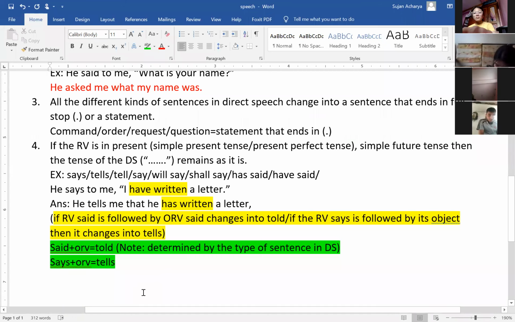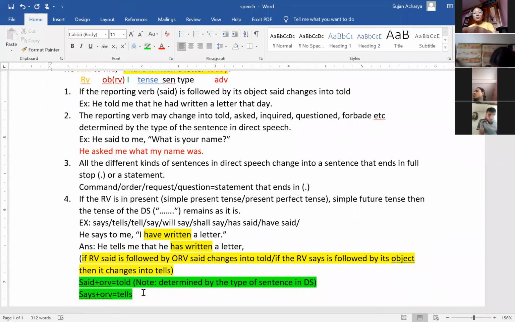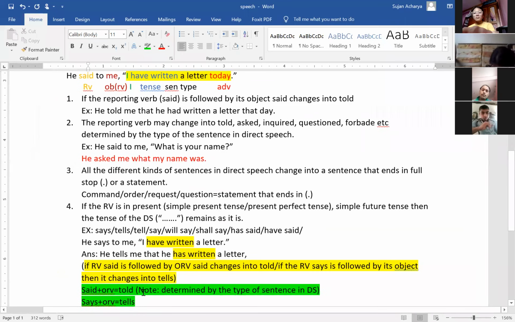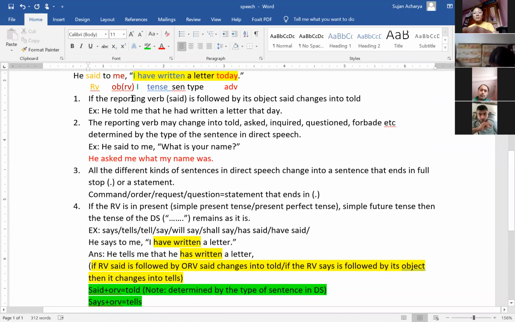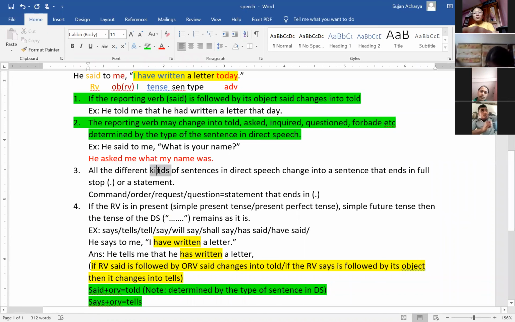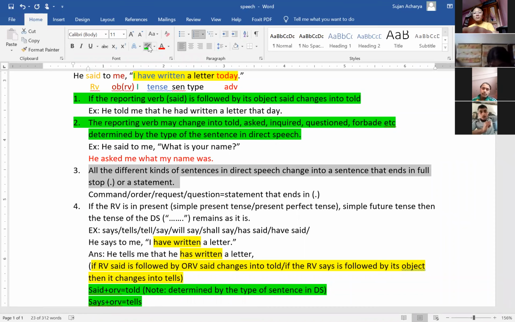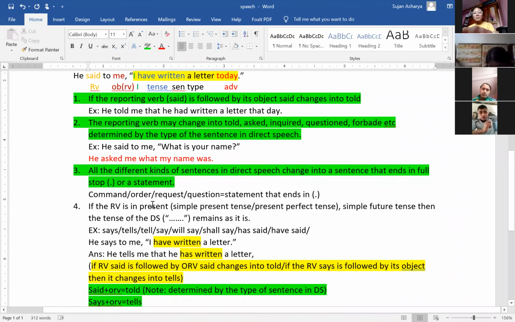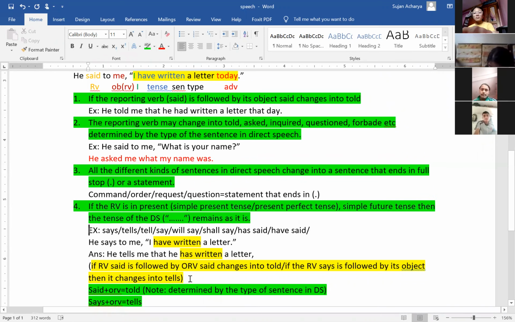Eti bujhiyo? Now revise once again. एकचोटि सर पढ्ने कुनै बुझेन भने ask me from 1 to 4.